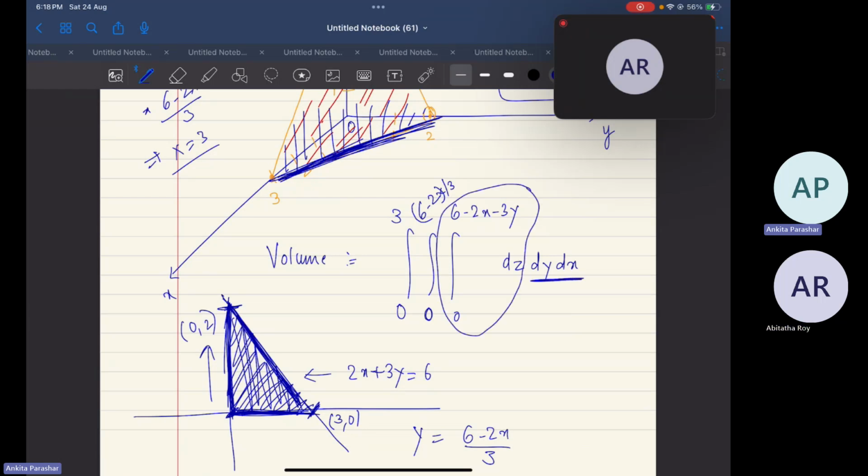The remaining part is nothing but the area, but the area has to be bounded by certain things, the lines x equal to 0, y equal to 0, and the line 2x plus 3y equal to 6. That is a region where you have to determine type 1 or type 2 and compute the volume. So this is okay, right?